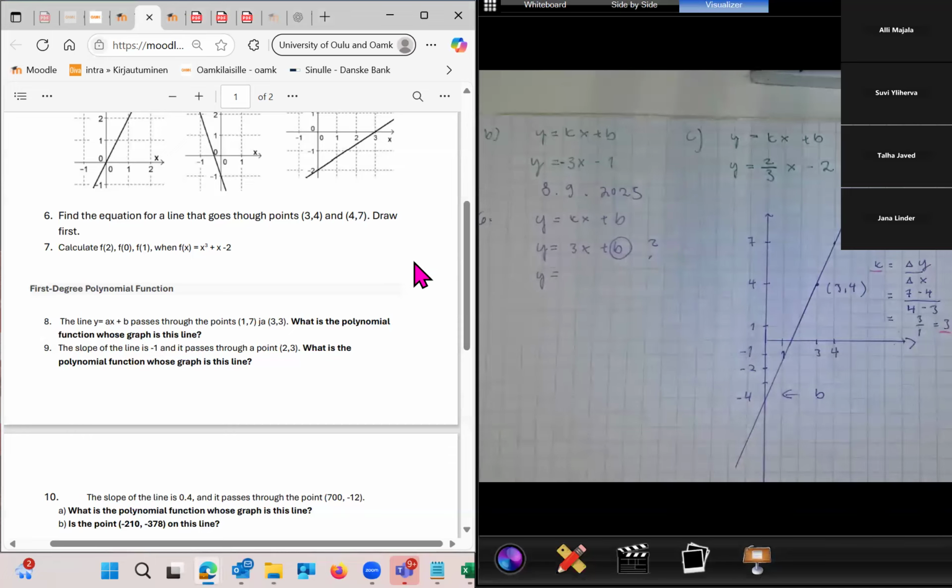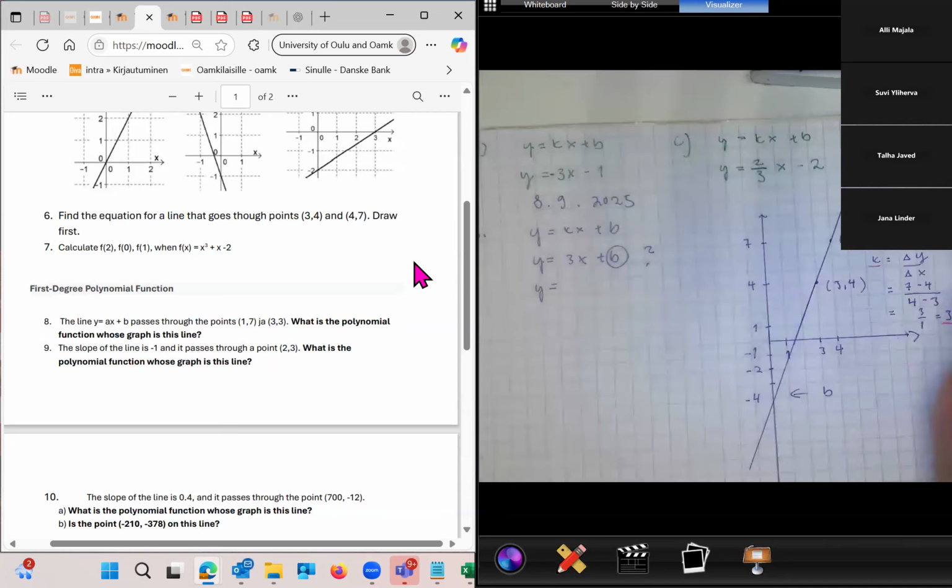Okay. But I will check now what I did wrong here. I think I did something wrong with the drawing, because if I calculate this, I got the k correctly. Then I calculate with this other form.